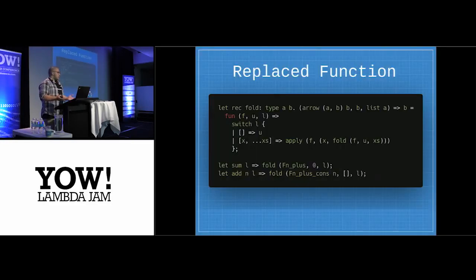So now we can replace our recursive fold function with something that is not a higher order function. This is an ordinary function. It takes a brand, the type arrow A B, it takes a B and a list of A, and it returns a B. Now we see here when we get into the recursive portion where we actually iterate over the list, we call apply. We don't call the function that we've been provided.